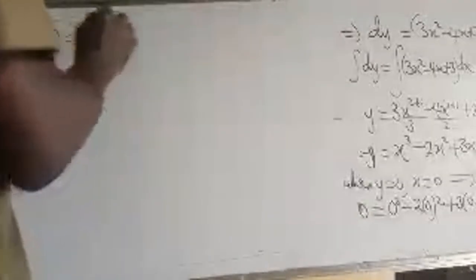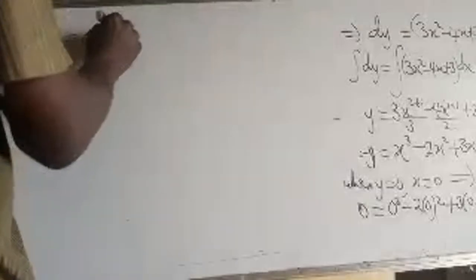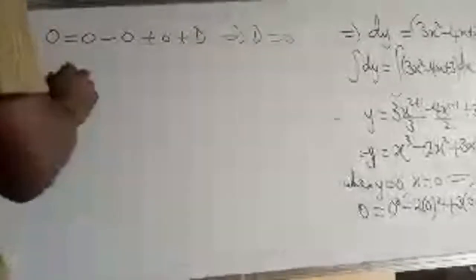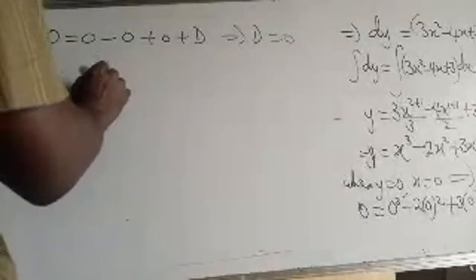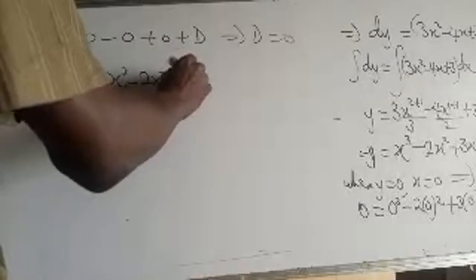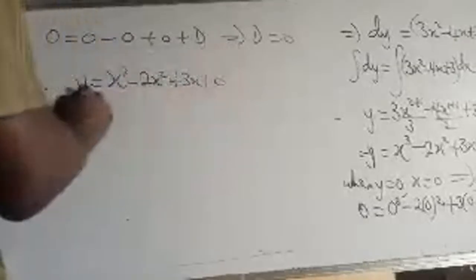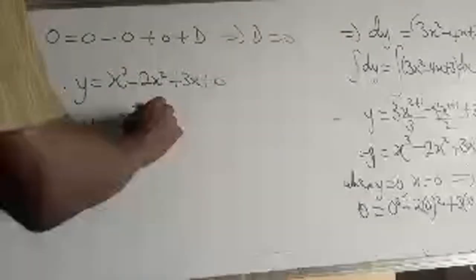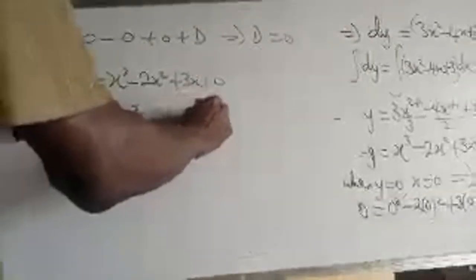That means we have 0 equals 0 minus 0 plus 0 plus d. So d is equal to 0. Therefore, y is equal to x cubed minus 2x squared plus 3x plus 0, which is y equals x cubed minus 2x squared plus 3x.